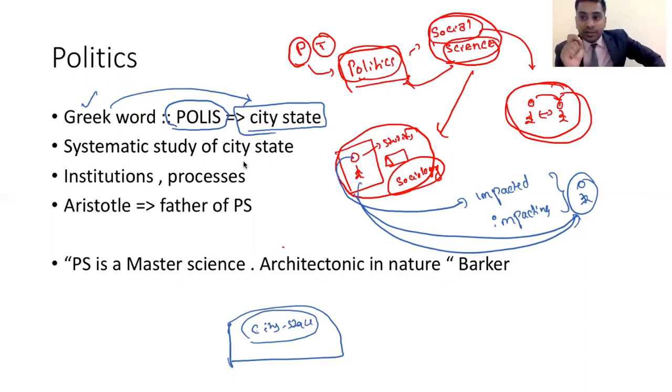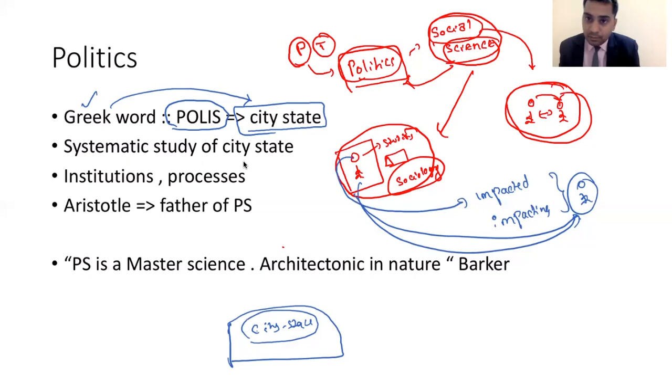And whoever plays a very crucial role in this systematic line are known as the institutions and the processes. You'll study those institutions, you'll study the process in which the system has been arranged, how the city state is organized and how it is influencing the individual. Everything comes under politics.